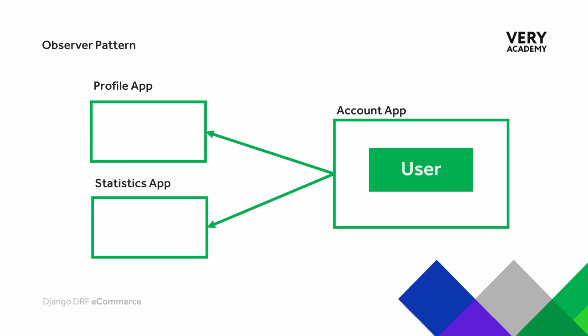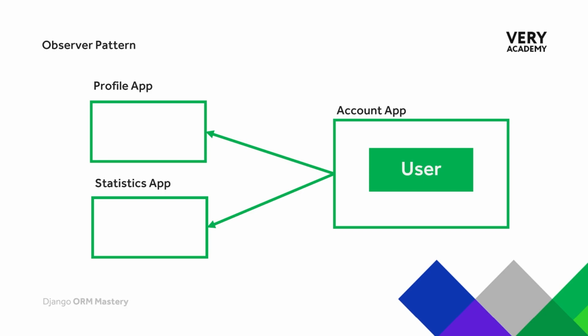We then create a subscription signal so that the statistics app and the profile app are registered to a signal that is sent out when the user is saved. The signal is passed over to these apps, and then within these apps, there is a function that is fired off whenever the signal is sent across to these apps.